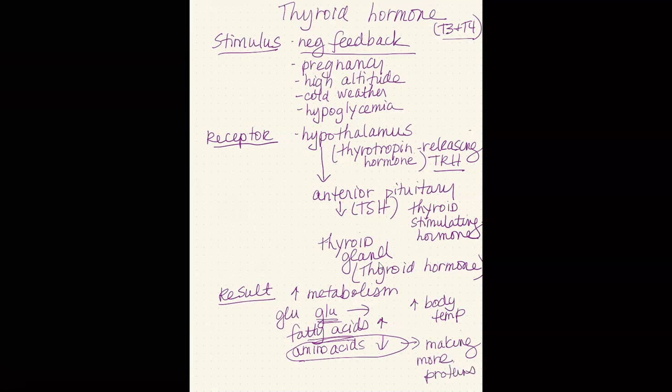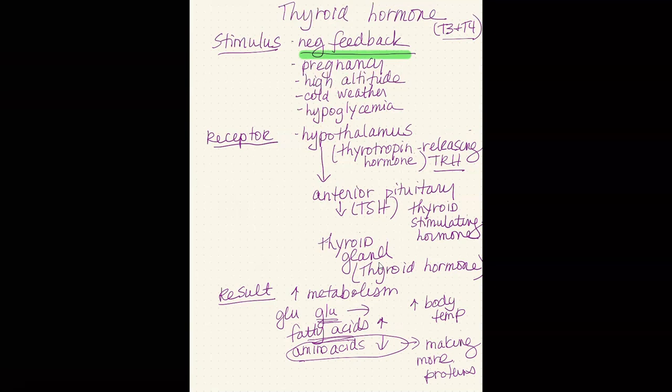Okay, so if we go back and look at this again, thyroid hormones, T3 and T4, the main thing that's going to control it on a normal day is just negative feedback.